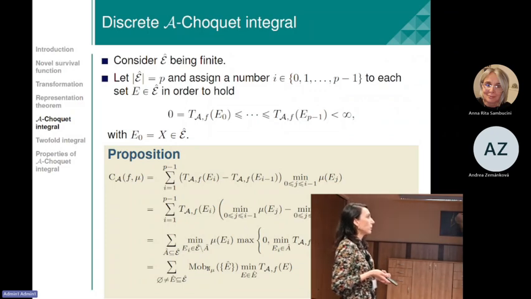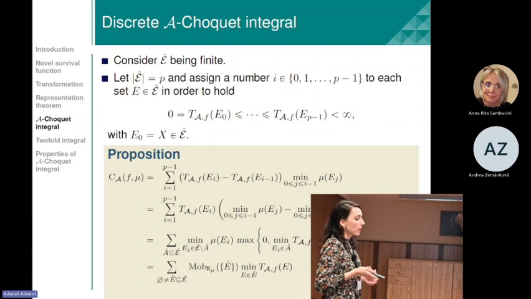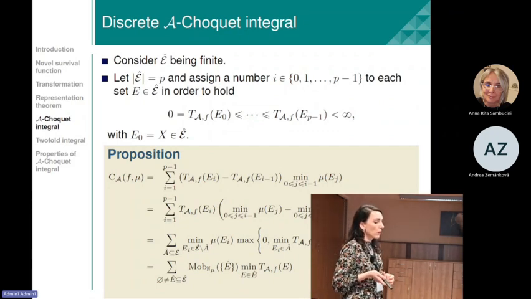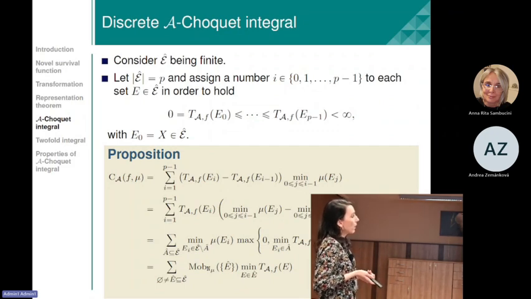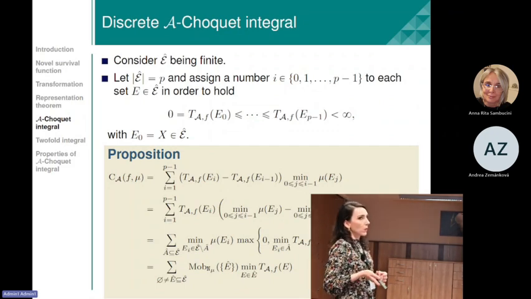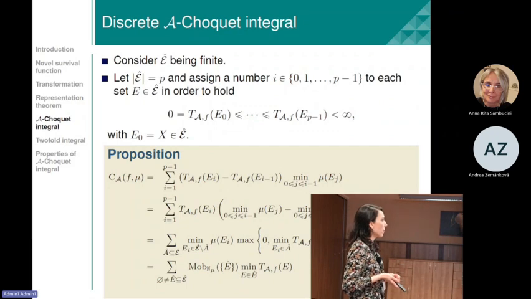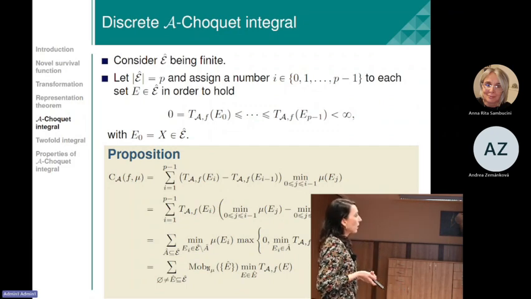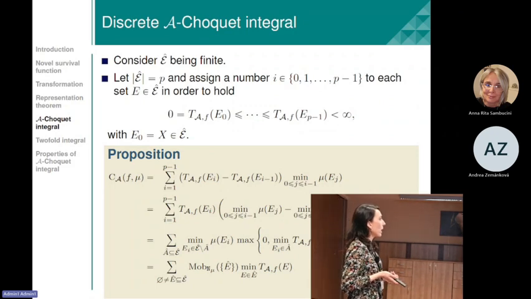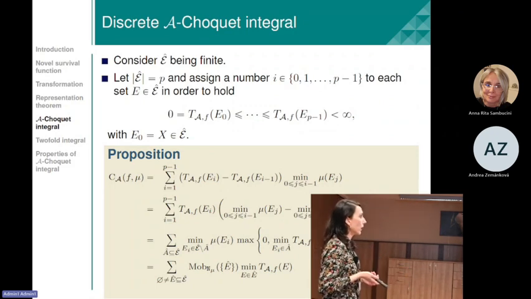But compared to the original case, when we permute the input vector X, now we have to permute the input values of the conditional aggregation operators. We provided well-known formulas for the standard Choquet integral.